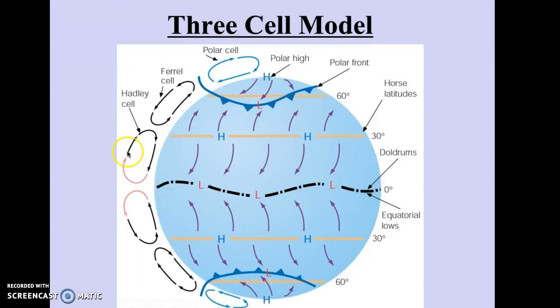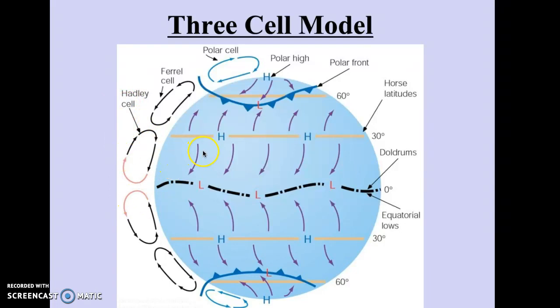So again, they still call this thermally direct circulation, and note the direction this moves. The warm air rises, moves towards the poles, sinks, and then the surface air moves back towards the equator. You have this thermally direct circulation. They refer to it as the Hadley cell because it lines up.